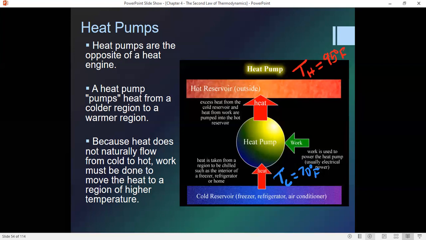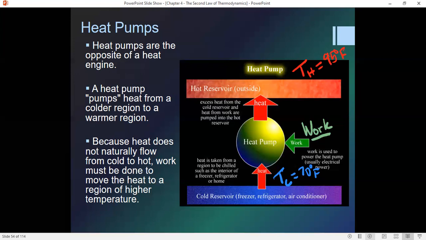Well, we don't need to violate the second law of thermodynamics. We can add work to this system, and the addition of work is going to basically make up for the fact that putting heat from the cold reservoir to the hot reservoir is going to decrease the entropy. The addition of work comes from the outside, where the entropy is actually increasing.